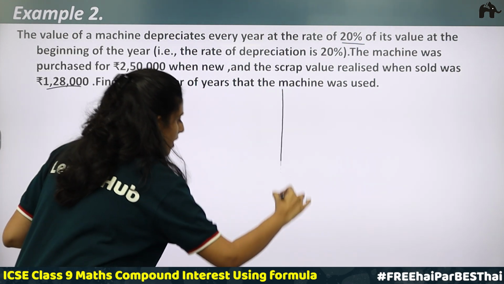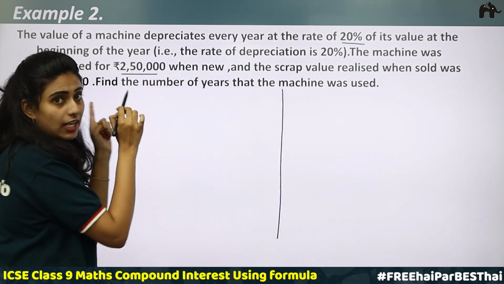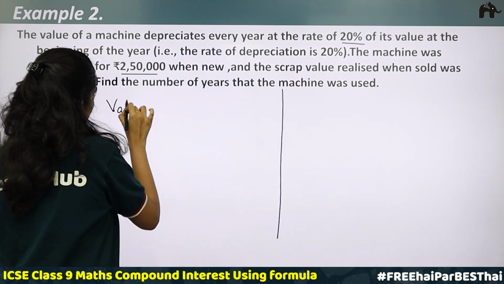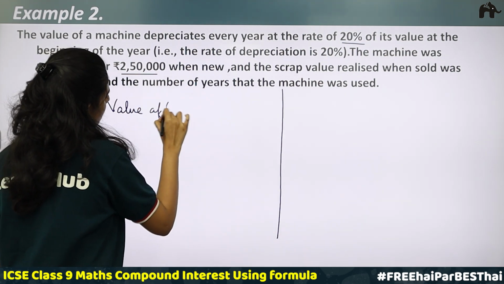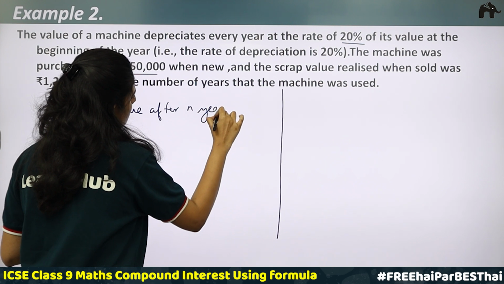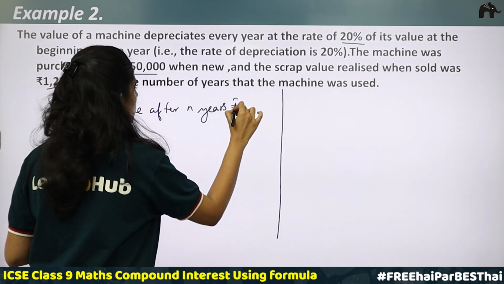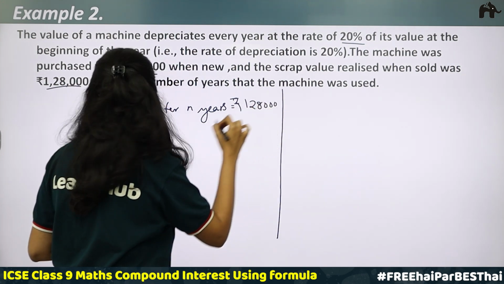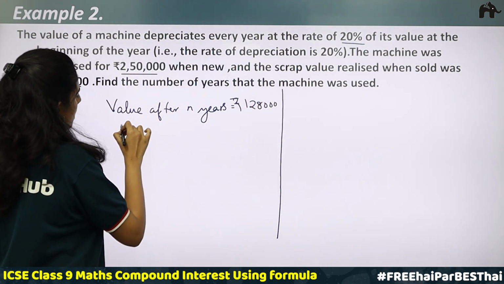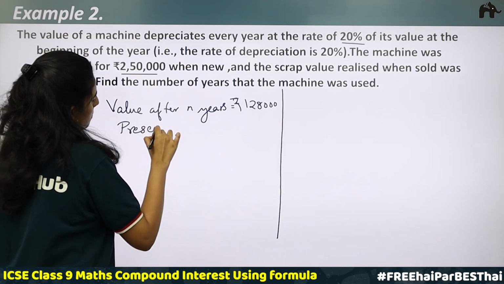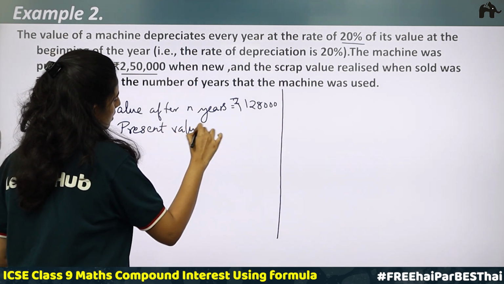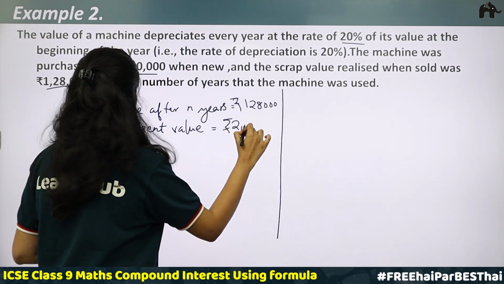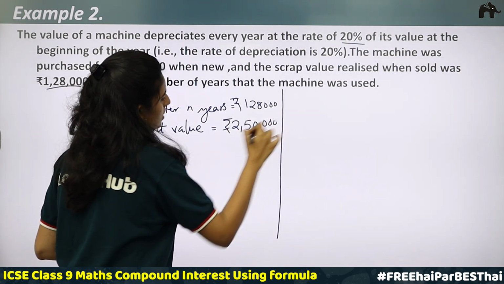So here what is the value after n years? The value after n years is rupees 1,28,000. Present value is equal to rupees 2,50,000.